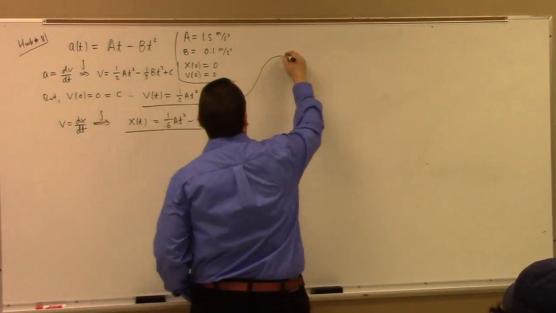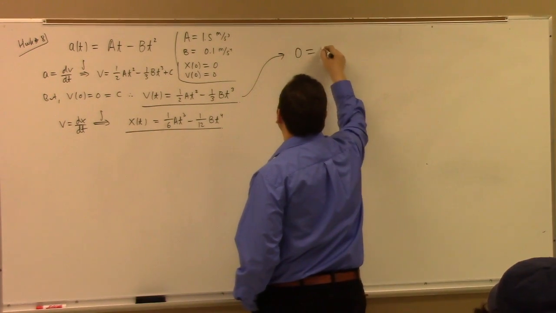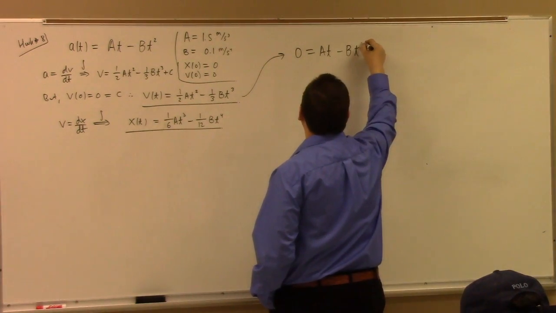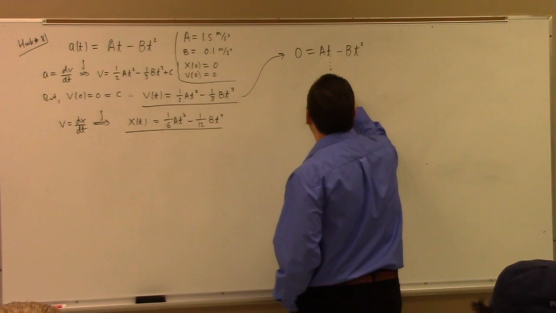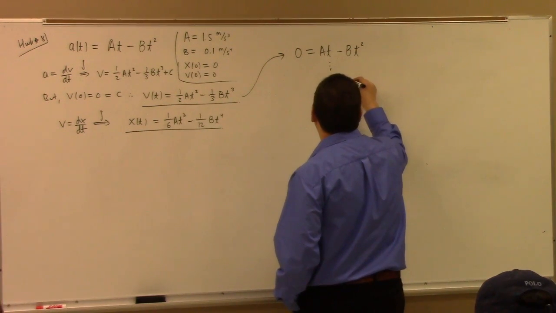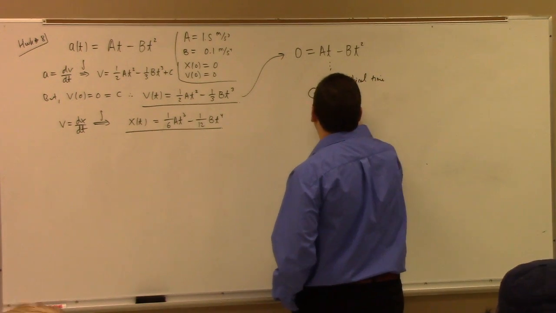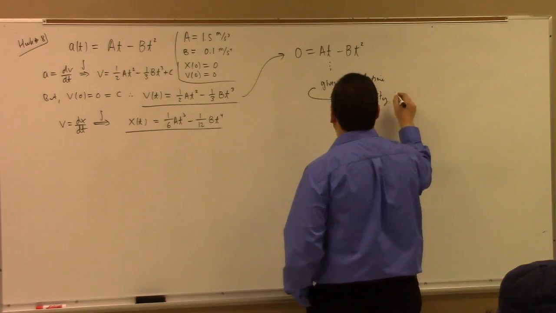So you're exactly right. We just say acceleration equal to 0, and you work that out, right? So it gives a critical time, and from that we get max velocity, or we get minimum velocity. I don't know without further analysis.